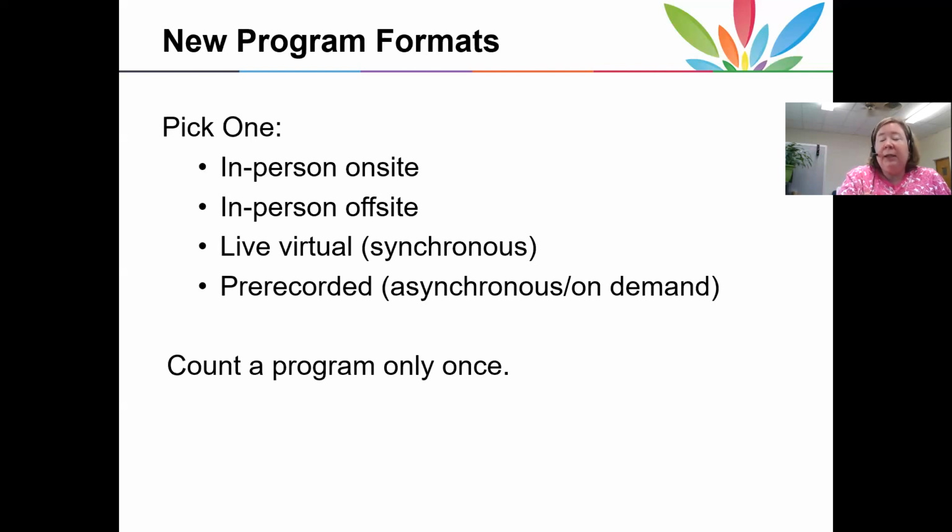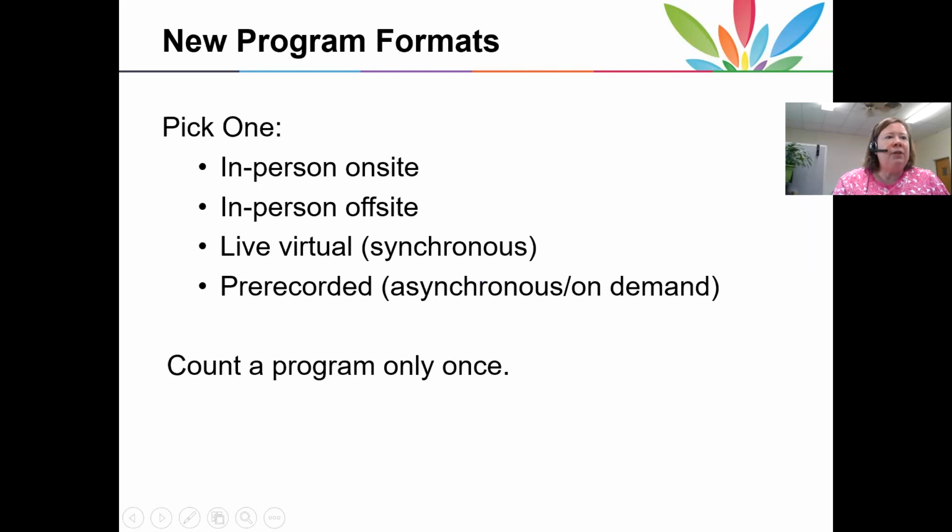It sounds like an in-person, on-site concert that you potentially live streamed and then posted the recording afterward. So that's only one program, but we'll be able to count the live virtual attendance, and the number of views. Once we get to the spreadsheet, you'll see how that works.